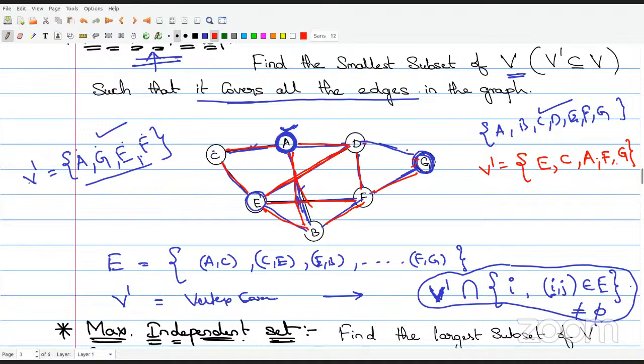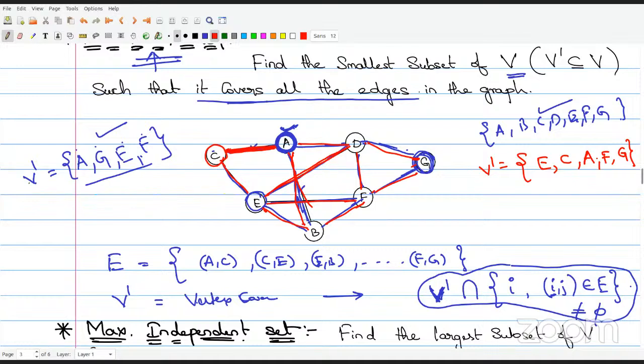And you might think that this is correct because I haven't missed anything in between. I have gone through some alphabetical order or some manner. But the thing is, unnecessarily we are picking C because C covers only one edge. So the trick lies here.